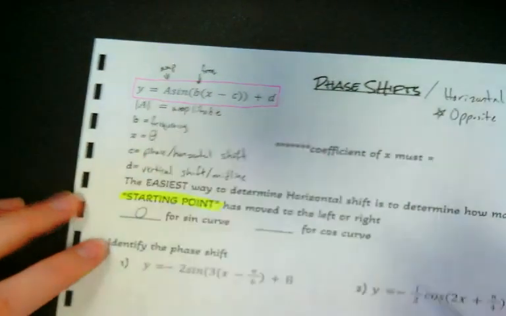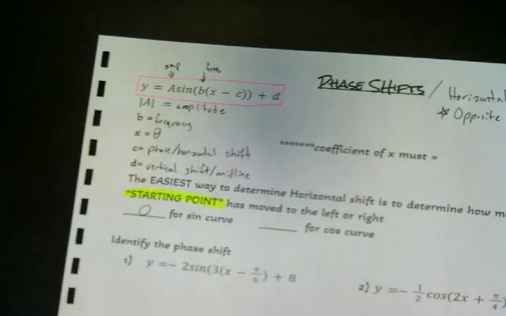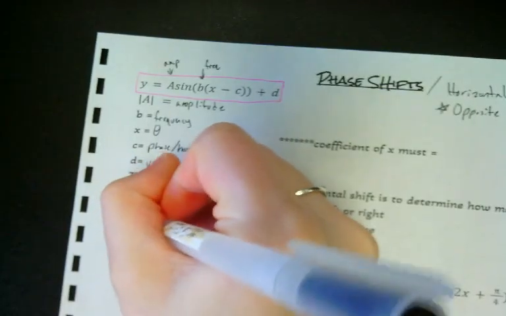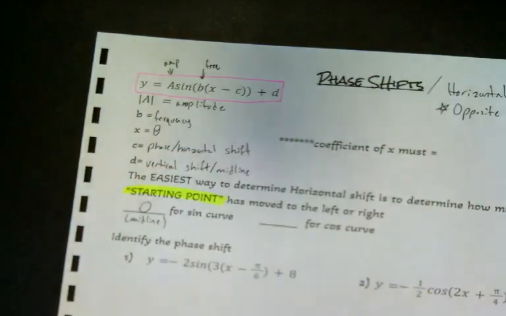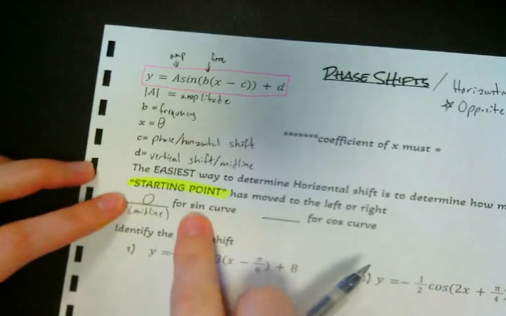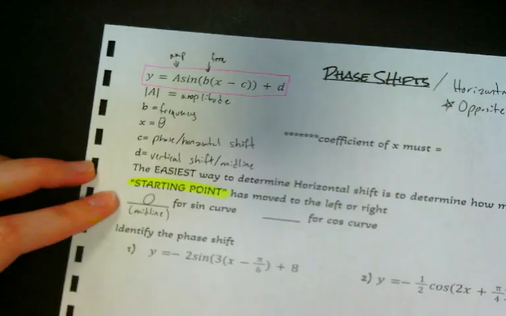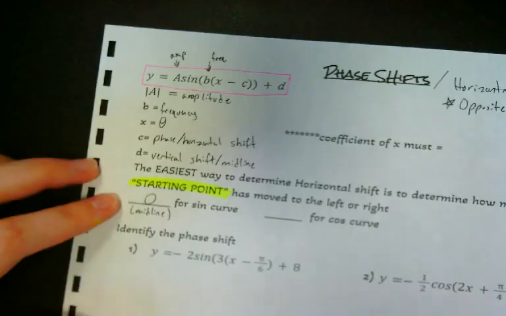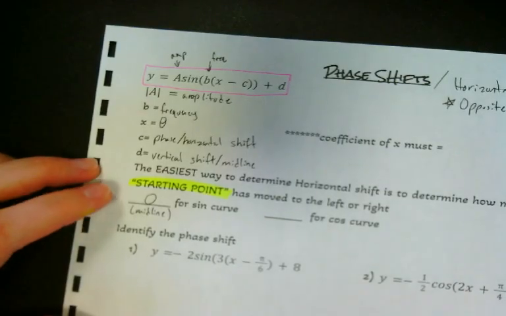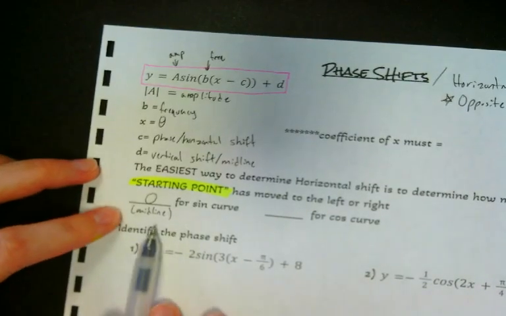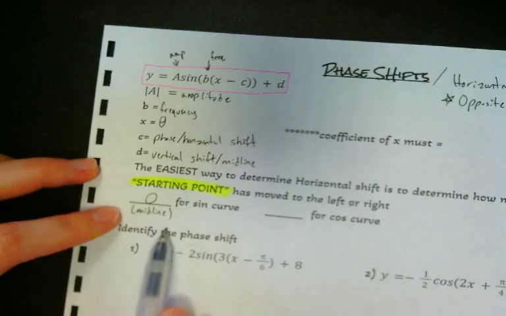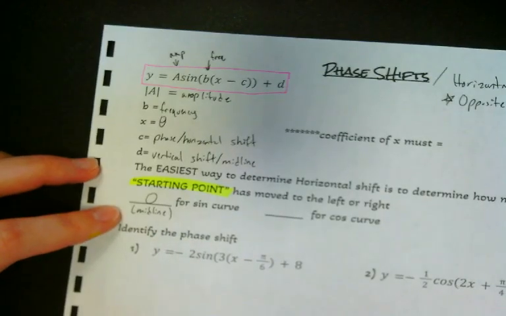So if you remember our 0, max, 0, min, 0, we're always going to look at where we're starting from for our sine curve, or our 0. Usually yes, but now we have our vertical shift up and down, so it can change. So wherever our midline is for our sine curve, that's where we're going to be looking to figure out where we're shifting left and right from.